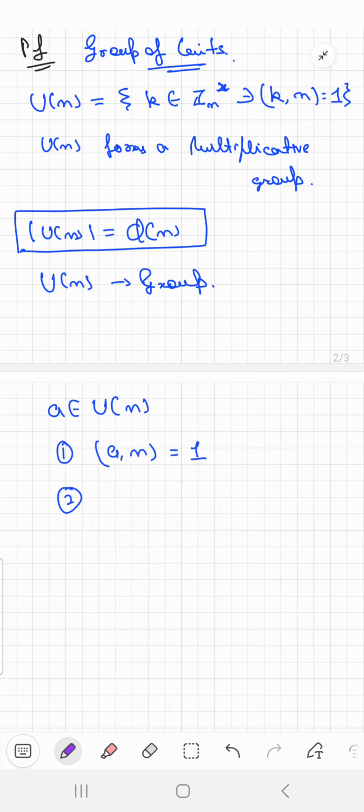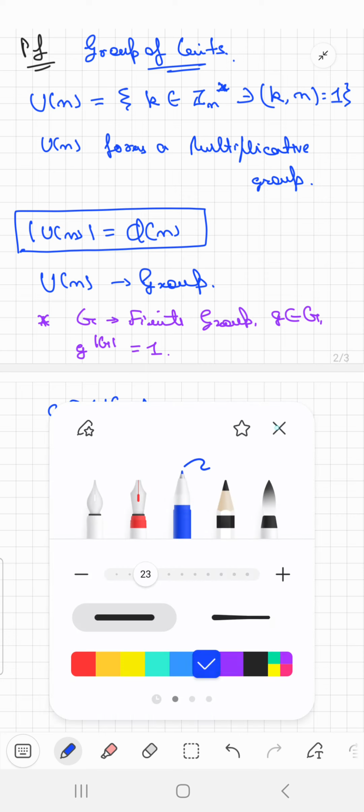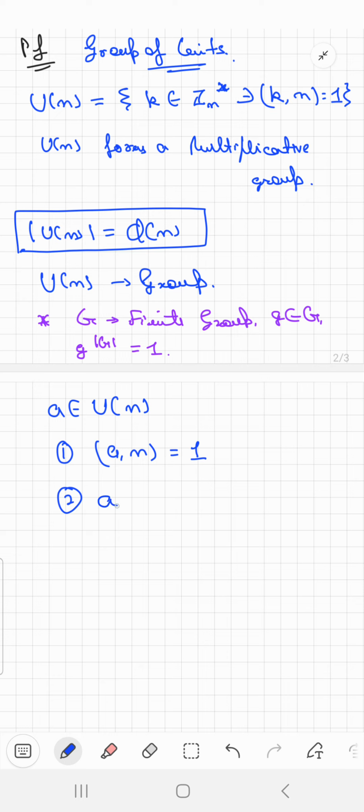So if G is a finite group and g is some element of G, then g raised to the power of the order of G is the identity. So we can apply this here to say that a to the power of the order of U(n) is congruent to 1 modulo n.